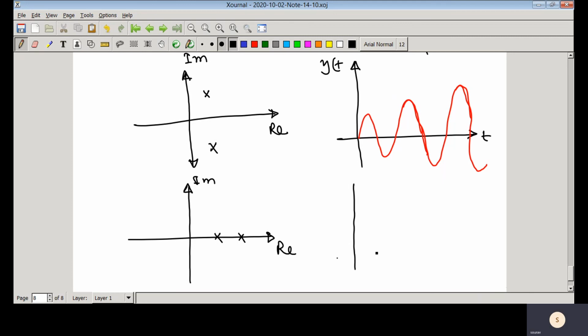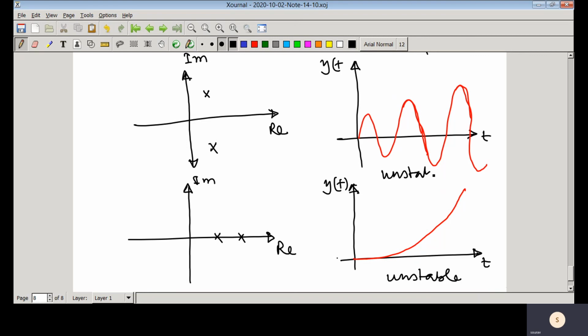Then you can see the system's response would be the unstable one, as the two poles are on the right half of the S-plane, complex plane, and the response would be like this. So that is also unstable. But here in this case the system goes to infinity through oscillation, and in this case there is no oscillation, it just goes to infinity when t tends to infinity.